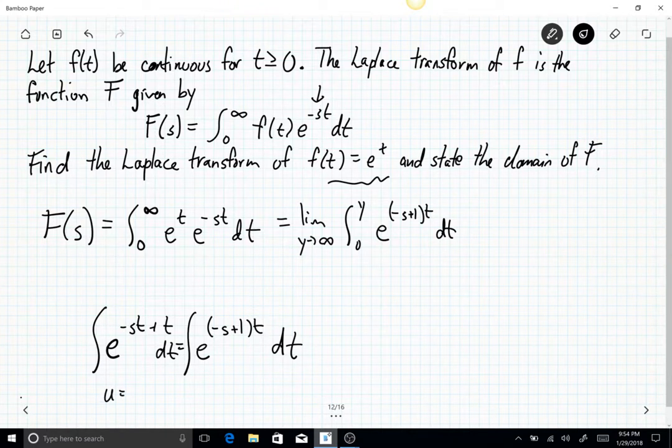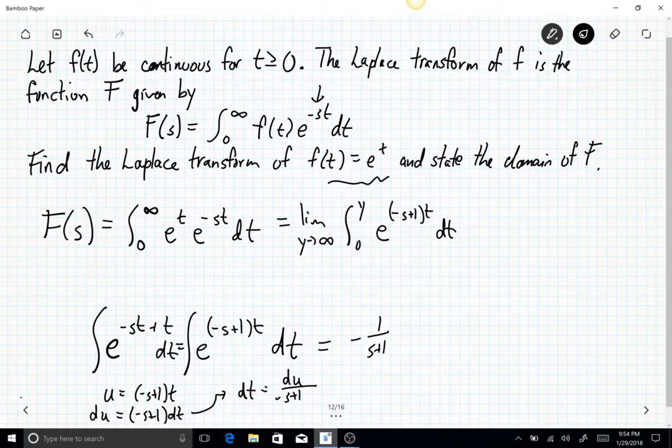So if you let u equal negative s plus 1 times t, and that means du equals negative s plus 1, the quantity dt. And so dt happens to be du over negative s plus 1. So this thing equals, and I'll pull the negative 1 over s plus 1 out. Oops, put that in the wrong spot. I need a negative down below. So you have negative s plus 1, and so what happens from here?